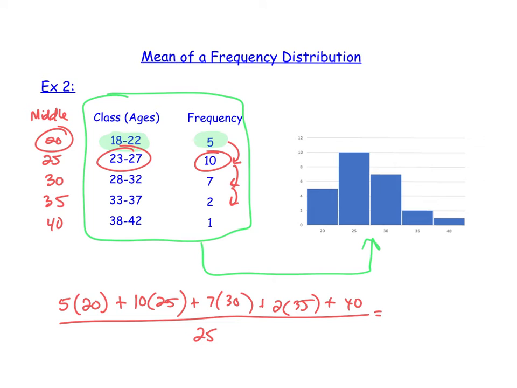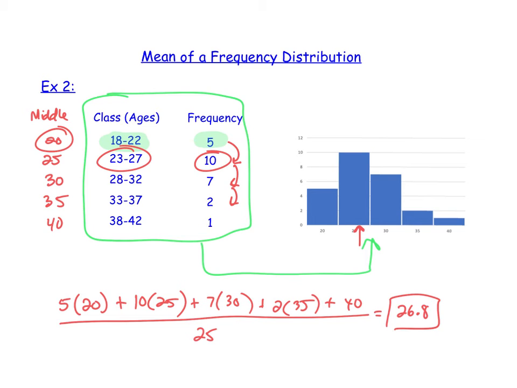And when we do that, we get 26.8. So the average here would be 26.8, which is somewhere around where that red arrow is pointing. This would be a slightly skewed right distribution if you're looking at this.